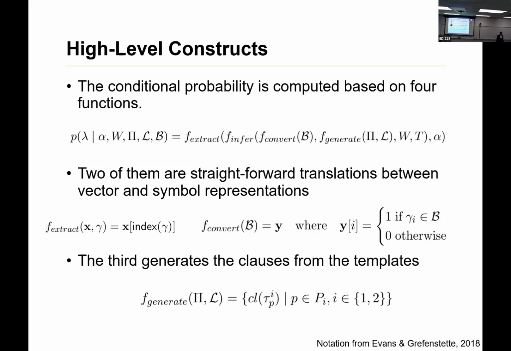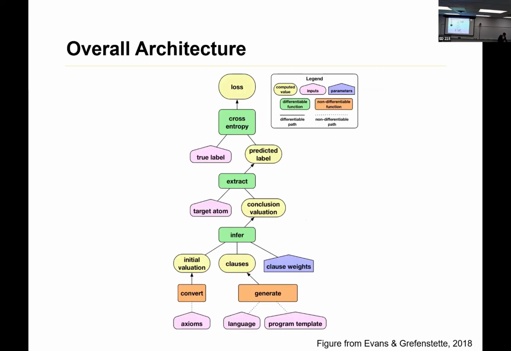So when you look at all of this, really it comes down to F infer being the main thing that does the work. F infer is the actual neural network. You can see in this flow that they have the axioms, which is the base knowledge set B, which is converted into a vector, and then the language and the templates generate all the clauses.